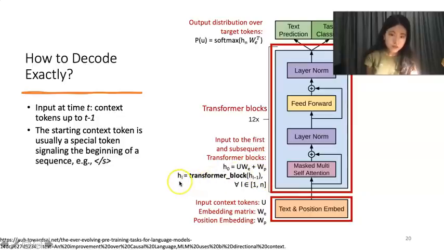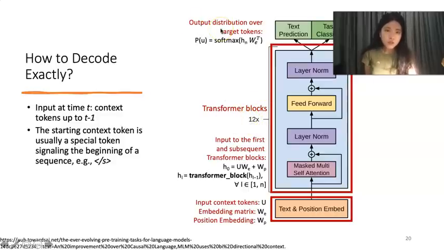This will be your H1, and H1 will go through the same thing, and then the output will be further fed into your next transformer block, and so on and so forth. You will get your final output, Hn, at the end of all, say, 12 transformer blocks.